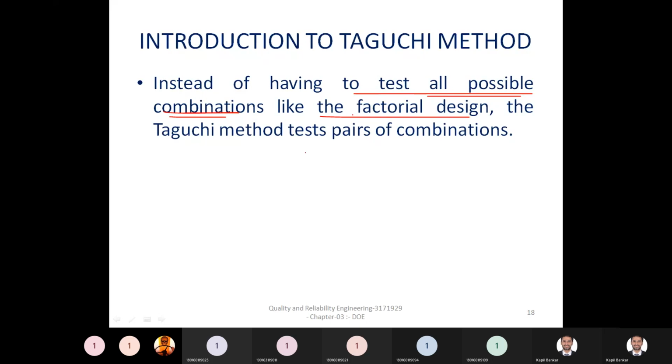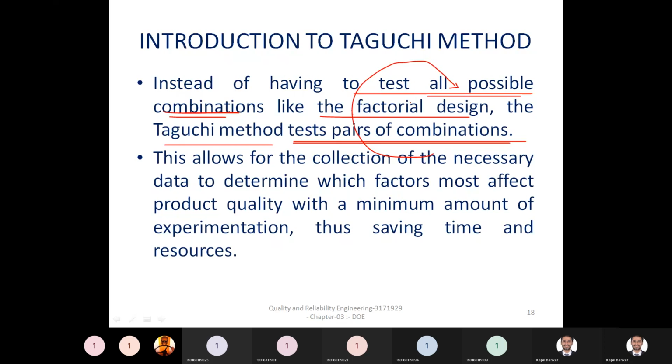The Taguchi method tests only some pairs of combinations rather than conducting all possible combinations. In this manner, you can reduce the number of experiments and reduce the cost as well as time.